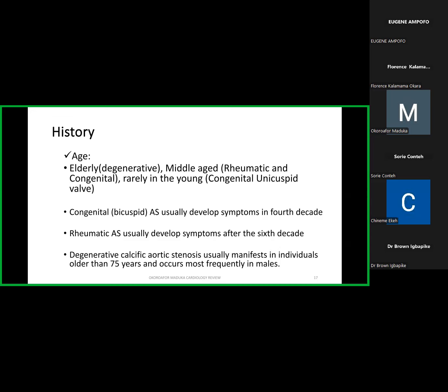Patients with bicuspid aortic valve develop symptoms earlier, while in rheumatic and degenerative aortic stenosis, the presentation will be at the 60th decade of life or greater.